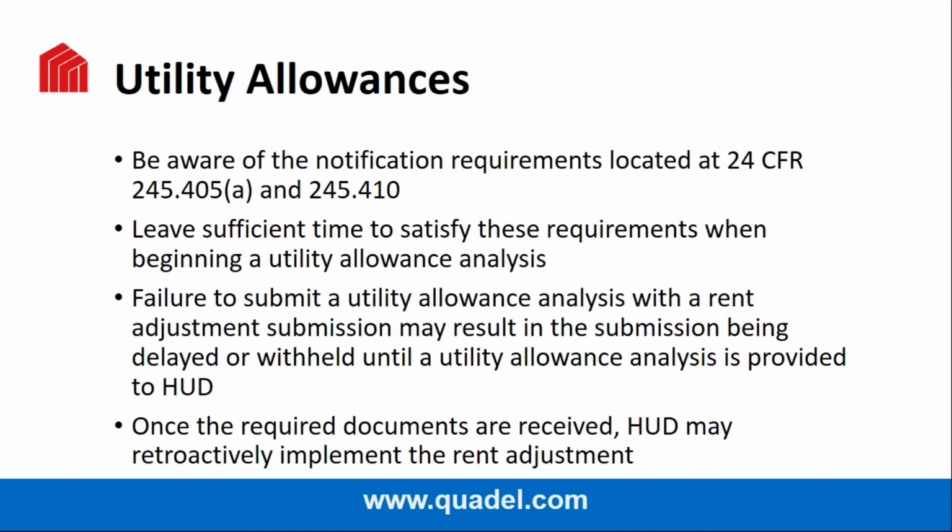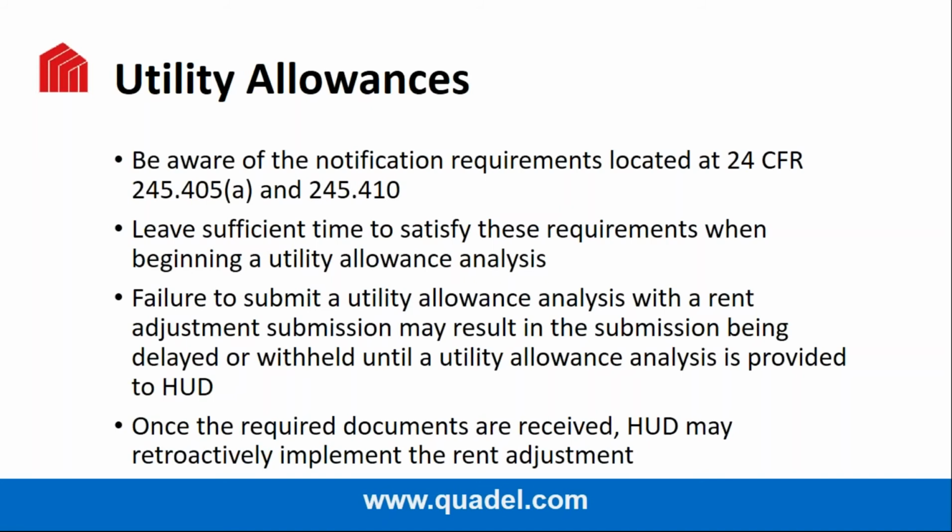PHAs and owners must also be familiar with the tenant notification requirements at 24 CFR 245.405(a) and 245.410. Essentially, these standards state that tenants must be provided with a minimum of 30-day notice for any utility allowance decrease, as this decrease may have an impact on the total tenant payment or tenant rent.